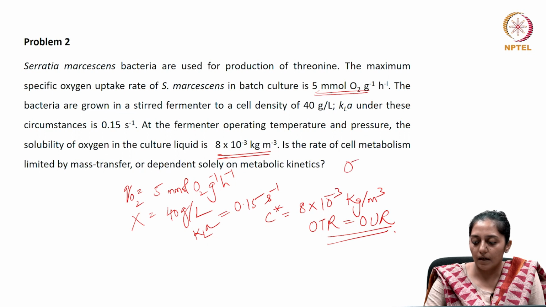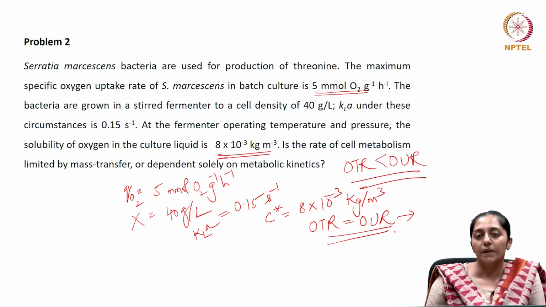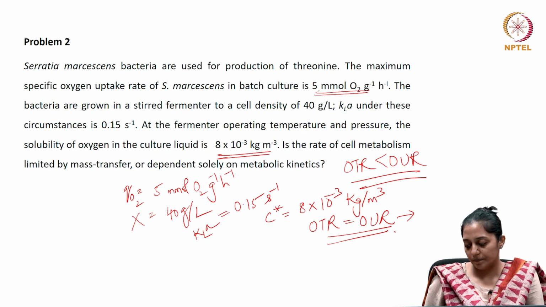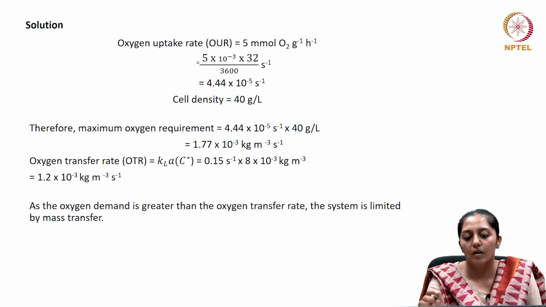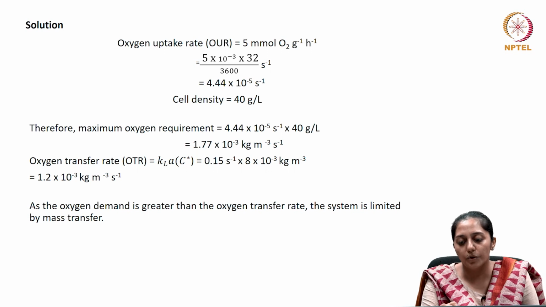If OTR becomes less than OUR, it will start becoming mass transfer limited. So, ideally it should be greater than OUR, then it is not mass transfer limited, but reaction limited. So, let us find out the OUR first.